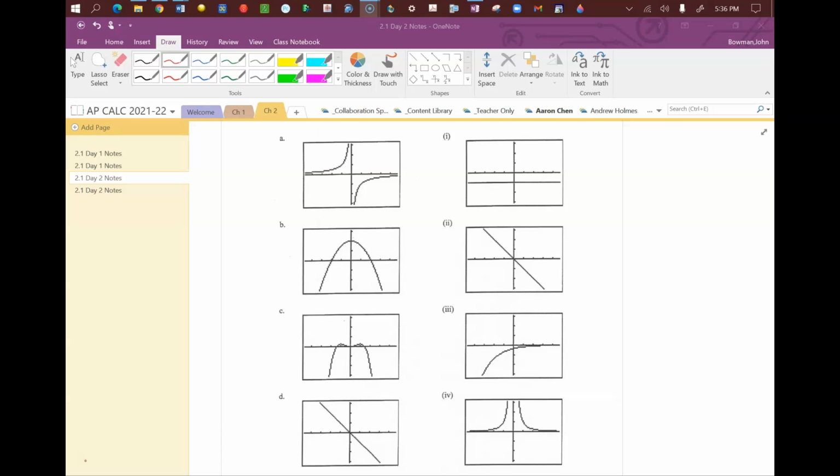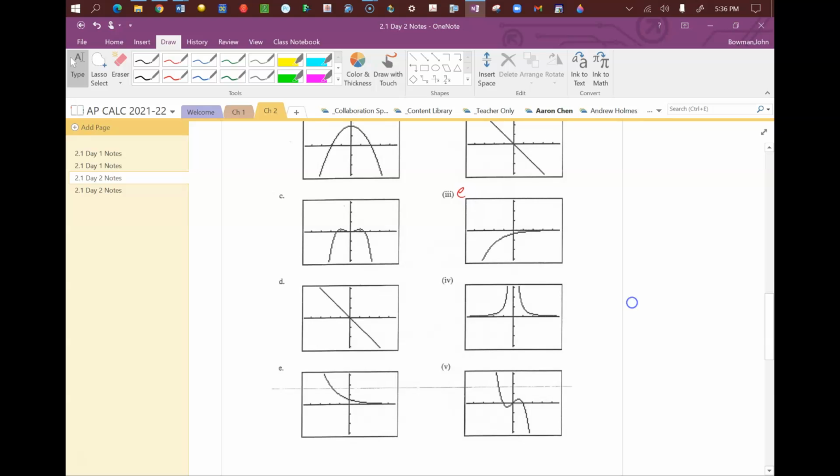So, graph 1 on the right is the derivative of function d. Graph 2 on the right is the derivative of function b. Graph 3 on the right is the derivative of function e. Graph 4 on the right is the derivative of function a, and graph 5 is the derivative of function c.